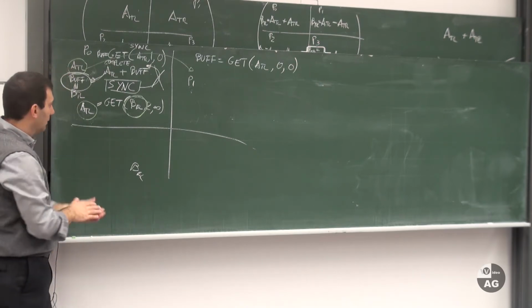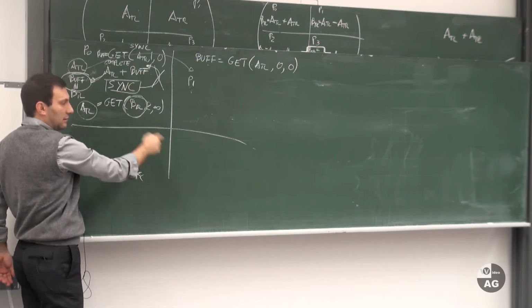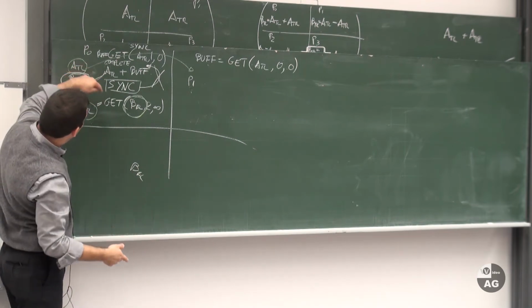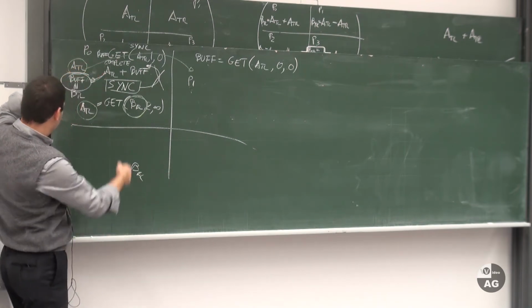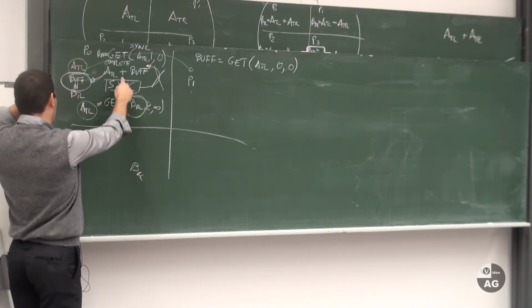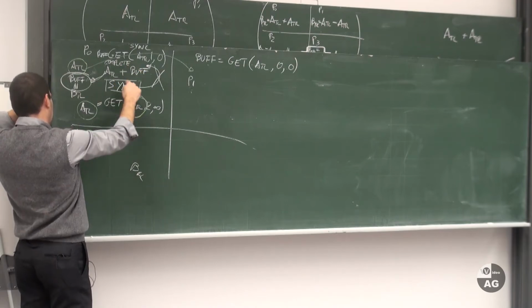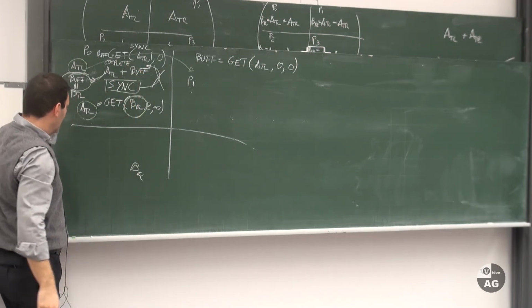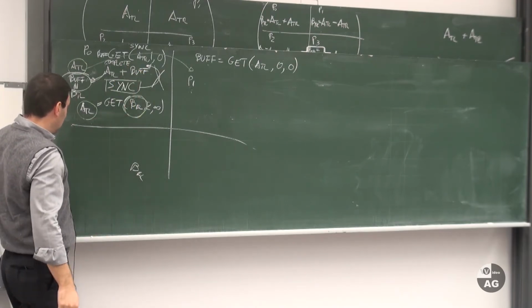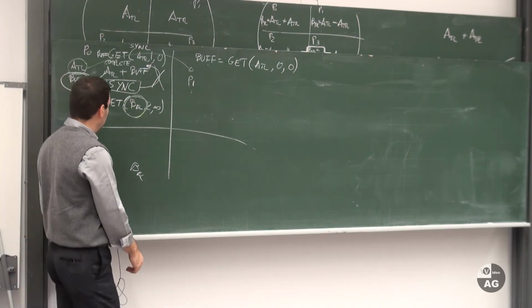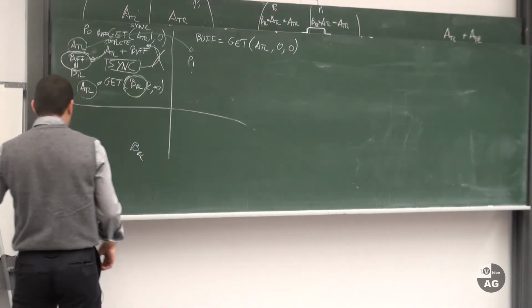You store it here. And you make sure that the data that you want to get is available by shifting the sync after the computation. Okay, so now we have a get, and we can do our math.